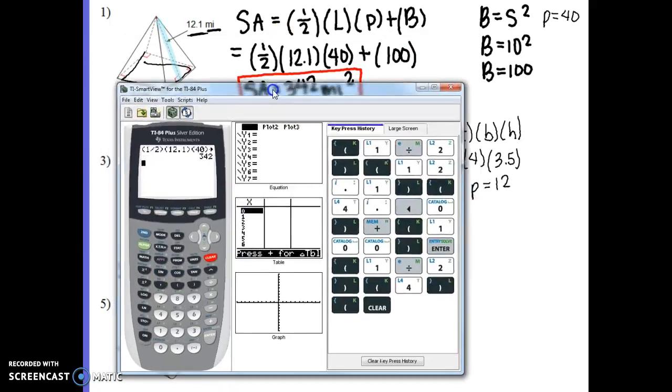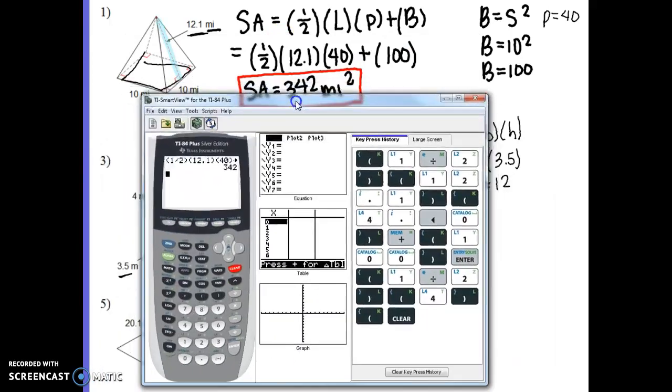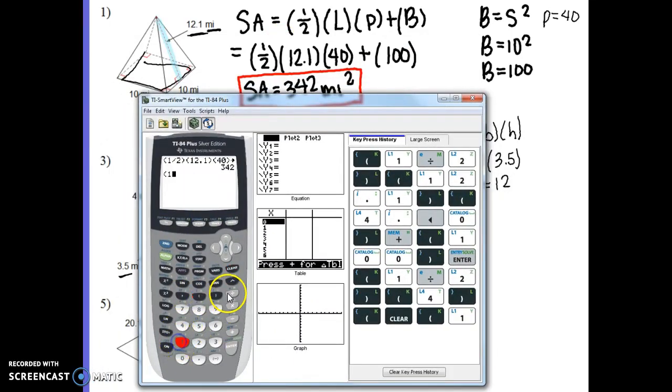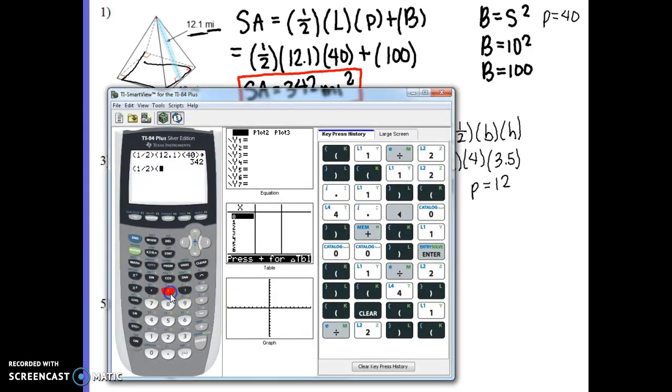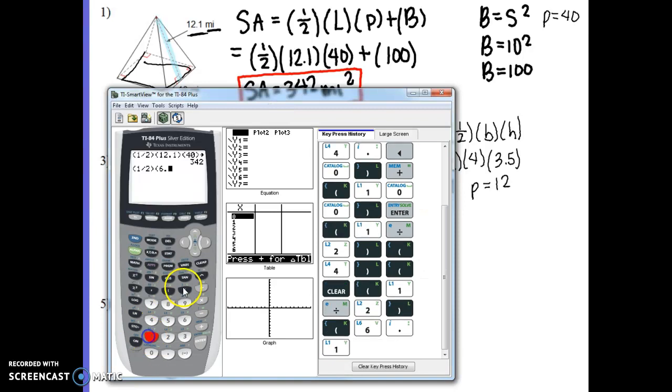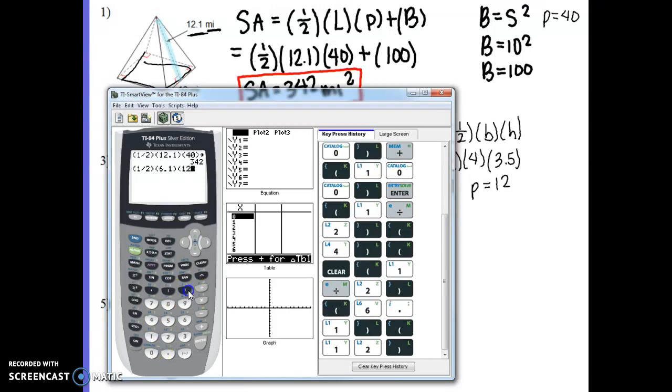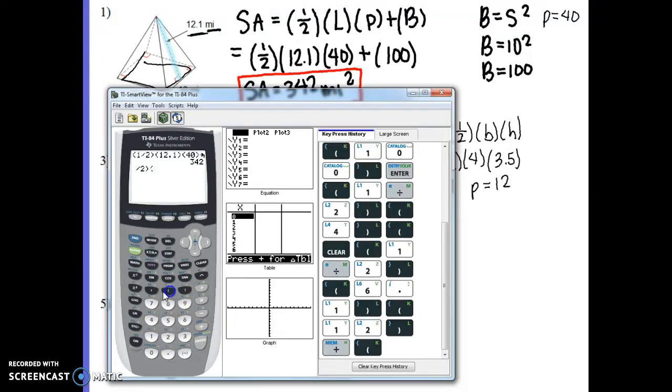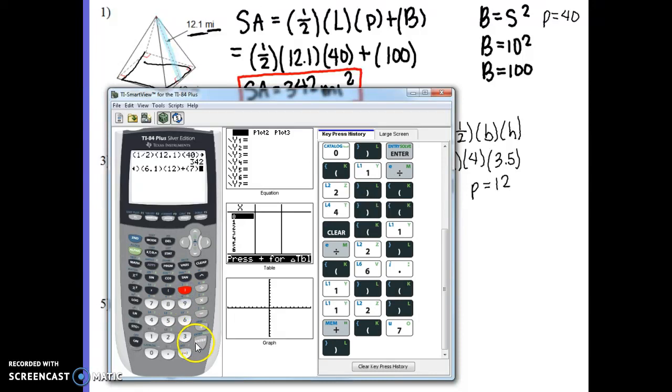We're finding the surface area, okay, there we go, wrong one, I was inputting the base, my bad, let's try that again. 1/2, 6.1, and then that was 12, plus the area of our base, and our answer is 43.6.